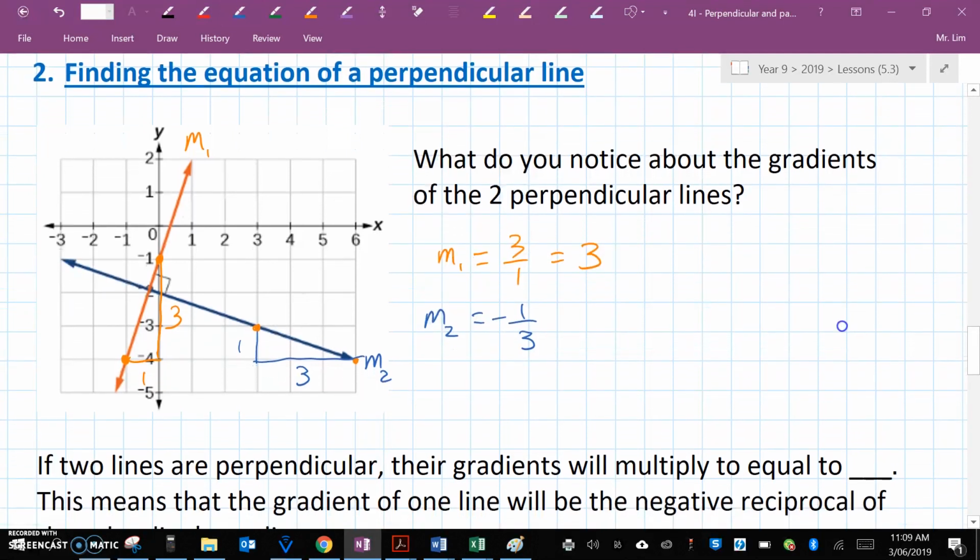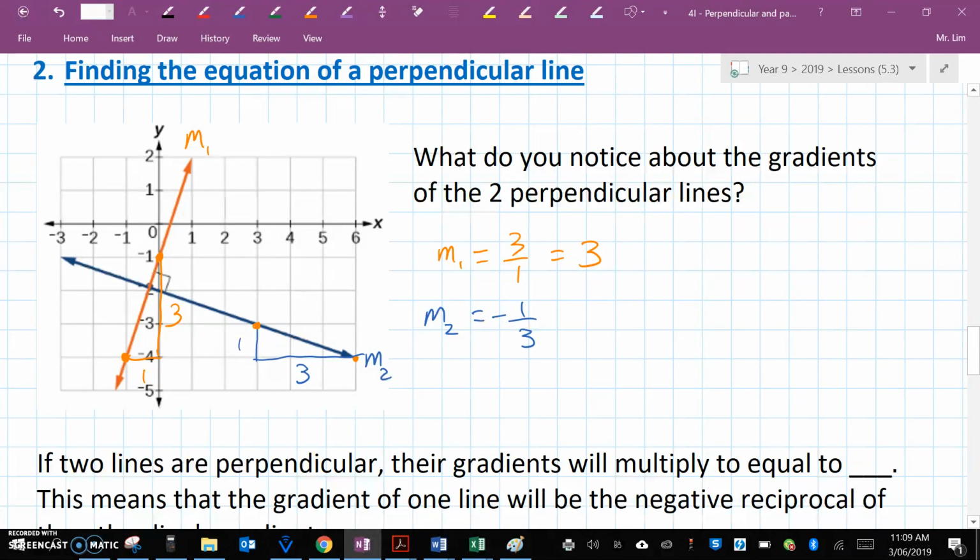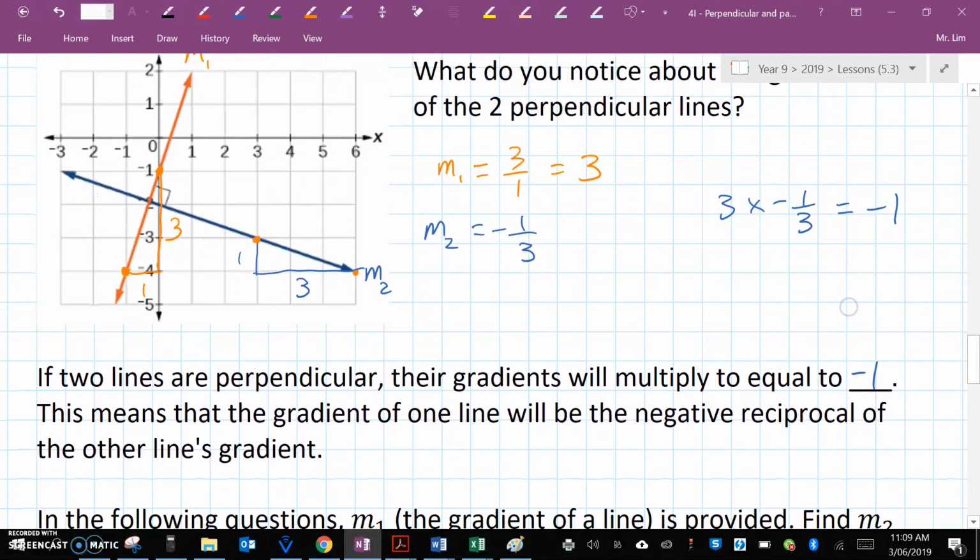So what we can see is that if two lines are perpendicular, the gradients will actually multiply to minus 1, because 3 times minus 1/3 is minus 1. This means that the gradient of one line will be the negative reciprocal of the other line's gradient.